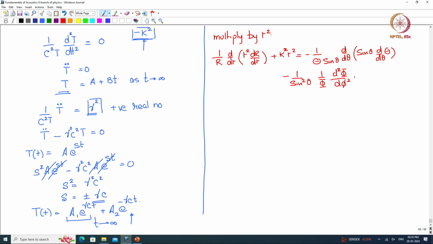Again we find this side is a function of r only and this side is a function of only theta and phi. And we will again choose a constant to proceed.